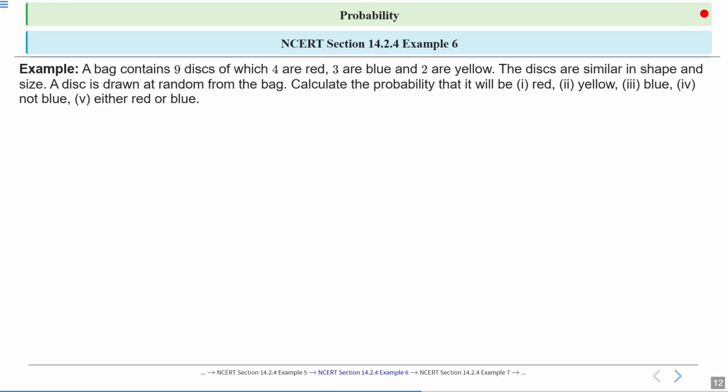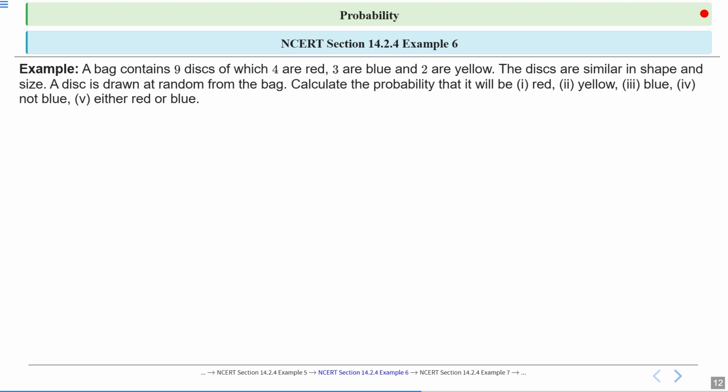So first read example number 6 very carefully, and try to understand what is given and what we have to calculate. See here, a bag contains 9 discs, of which 4 are red, 3 are blue, and 2 are yellow. The discs are similar in shape and size, and a disc is drawn at random from the bag.